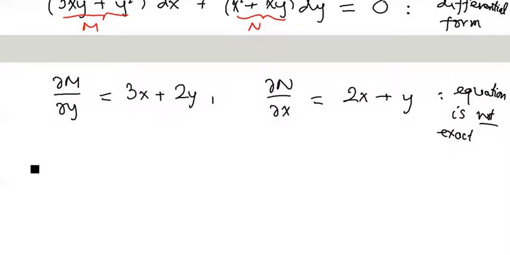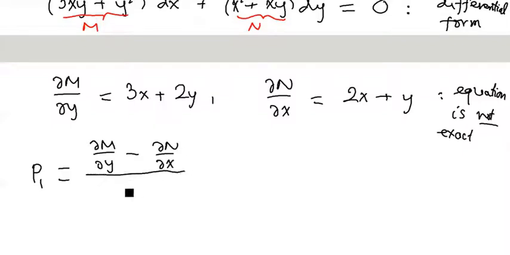So let's compute P1. The formula is partial M, partial y minus partial N, partial x, all divided by N. And again, you need to be very careful which terms come first and which term we have in the denominator.